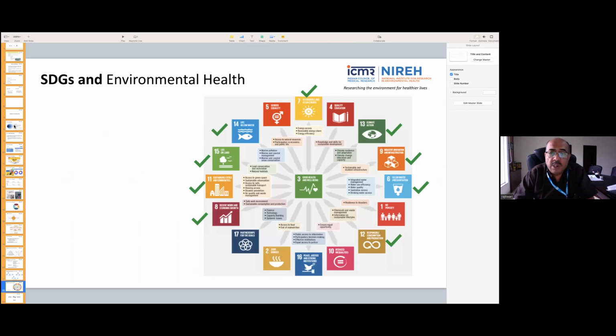And the issue is important because if you see the SDGs, out of 17 SDGs, 9 talk about the environment. The entire concept of sustainable development is to conserve the environment in the best possible natural way.